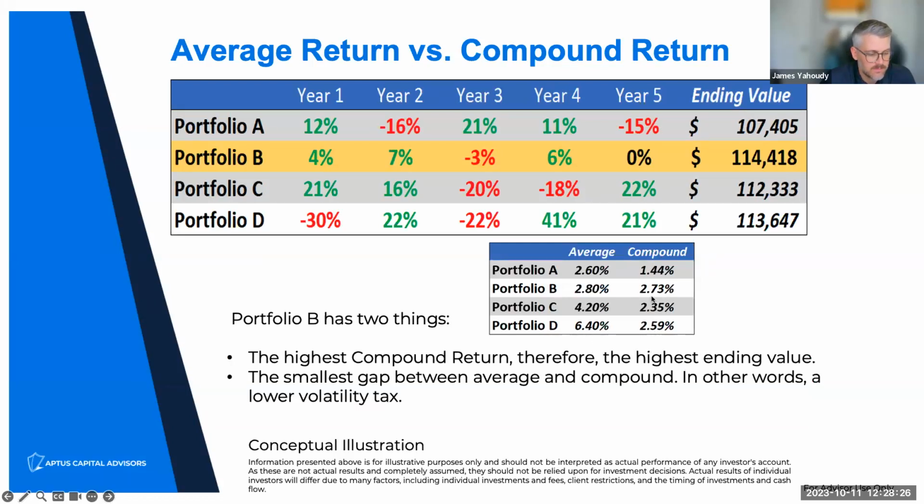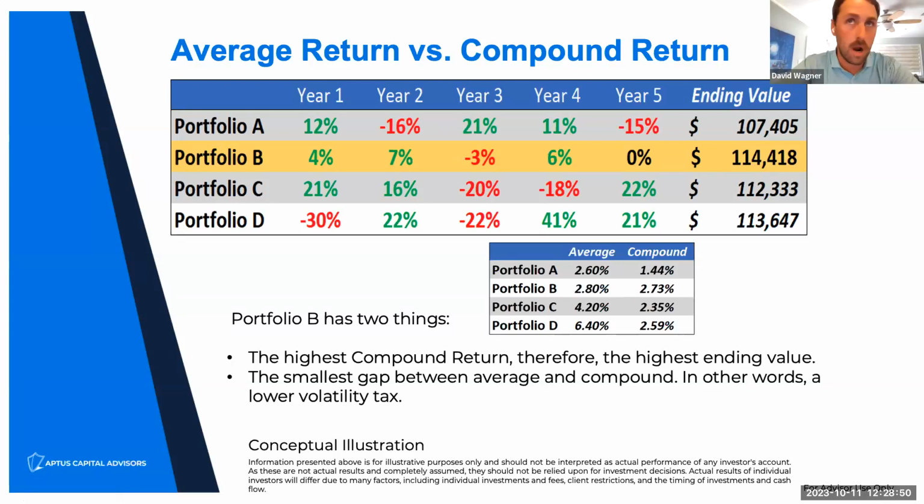The interesting thing here, in what we call the volatility tax, is the difference between the average and compound returns. Portfolio B has the least amount of difference between the two numbers, and at the end of the 5-year period, the best outcome.